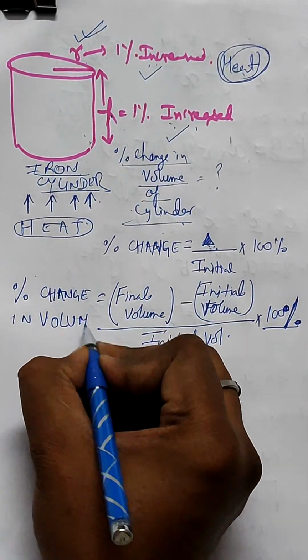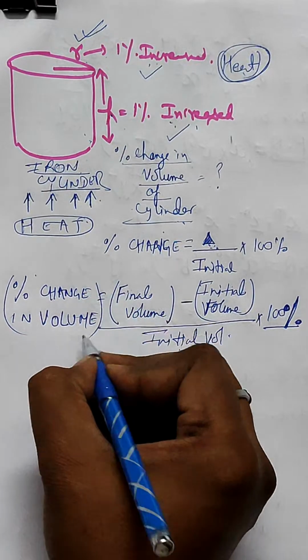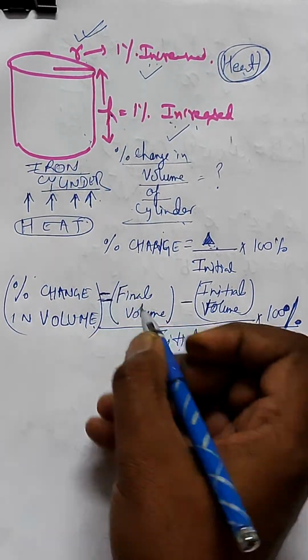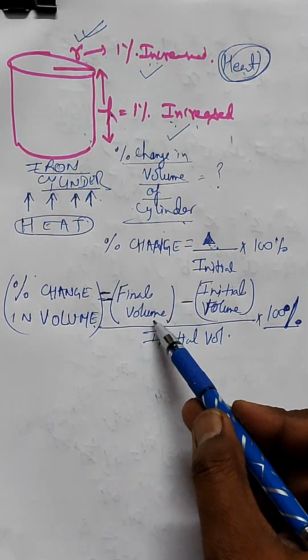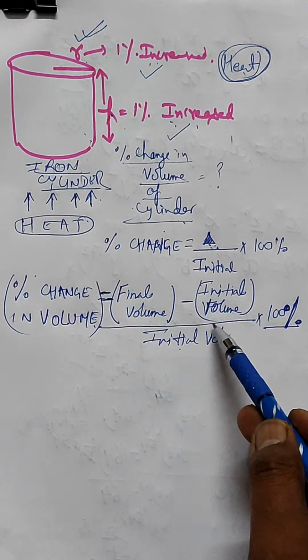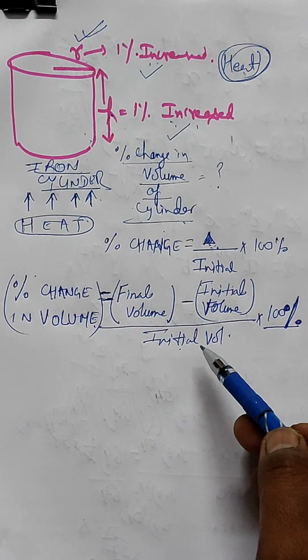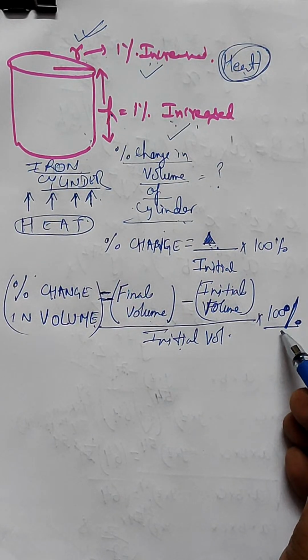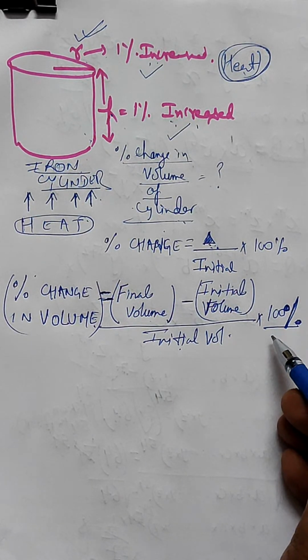So this is the percentage change in volume. This is given by final volume minus initial volume divided by initial volume into 100%, right? Now do one thing, student.